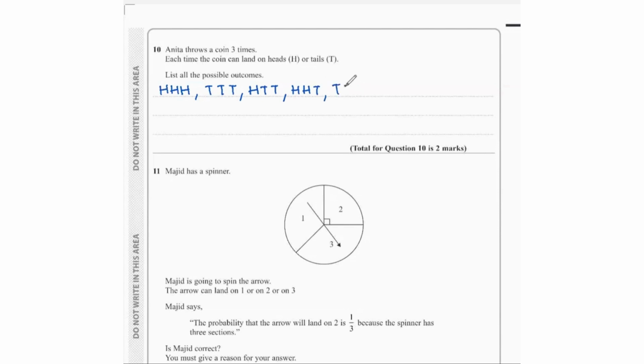Then a tails, heads, and a tails. 2 tails and a head. And head, tails, head. And lastly, tails, heads, heads. So these are all the possible outcomes she can get.